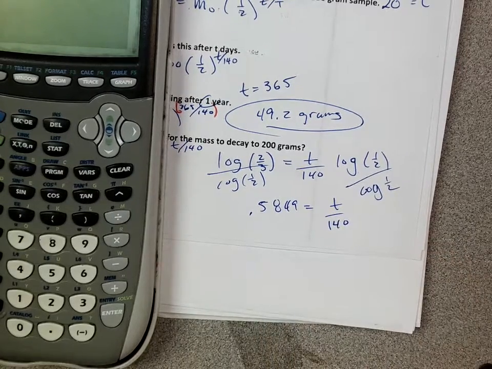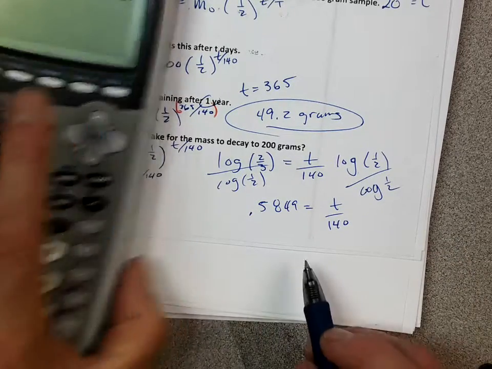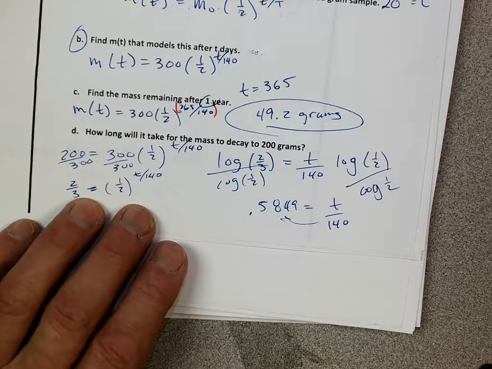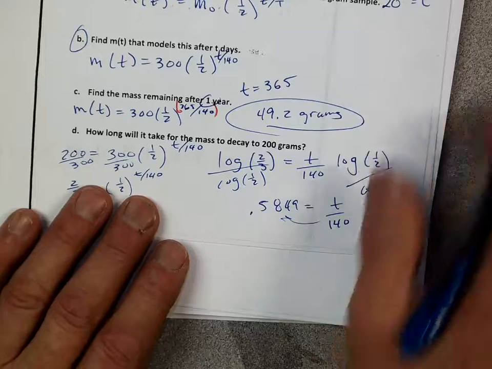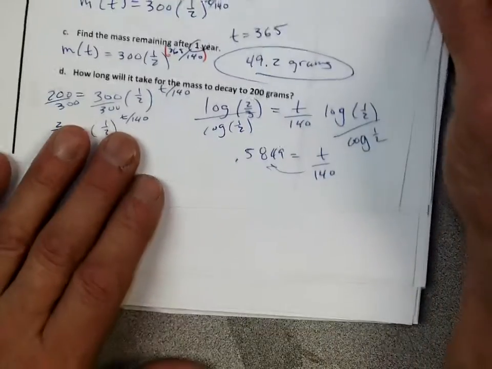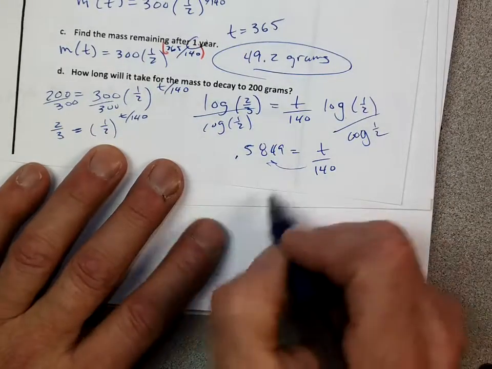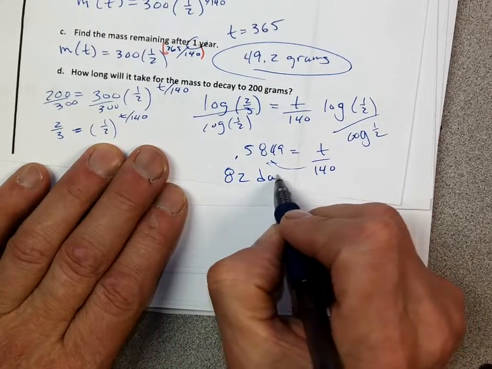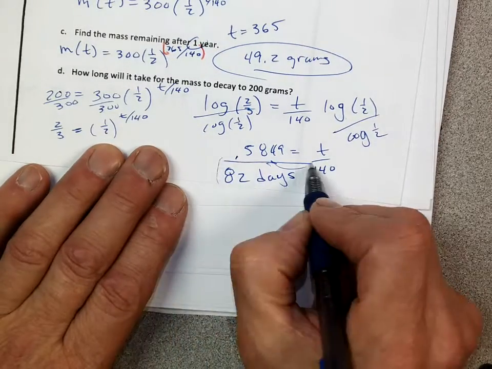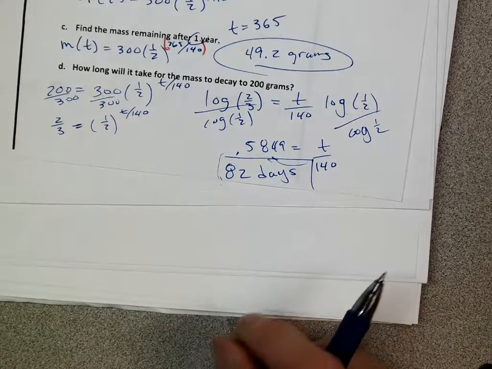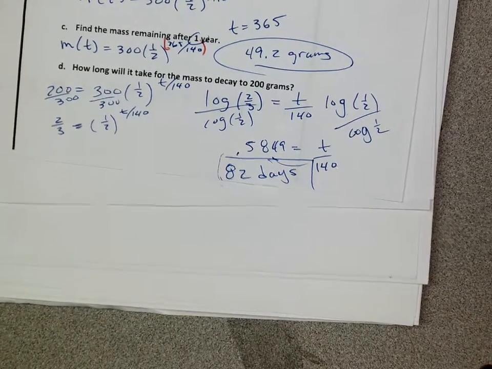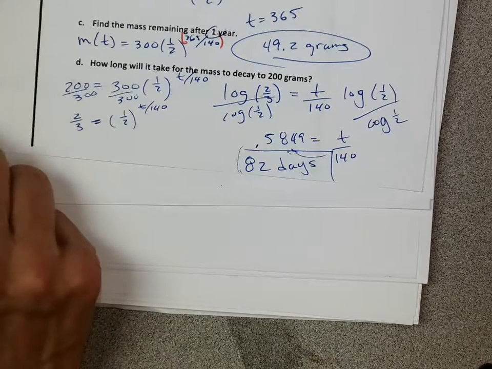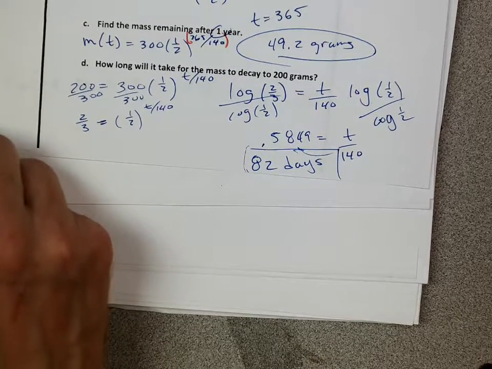Multiply by 140, and I get about 81.9, pretty close to just about 82. So about 82 days. Not bad, right? Thumbs up. As long as the formulas are given to us, all we have to do is plug things in and solve.